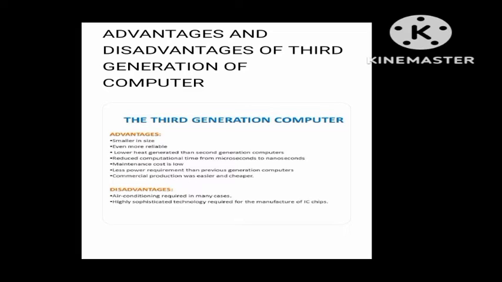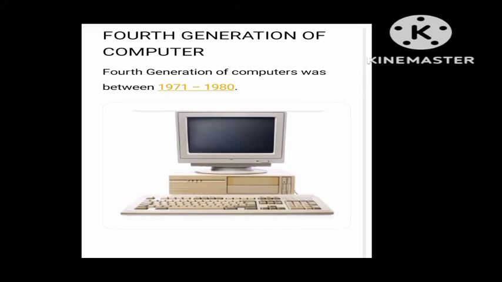Disadvantages: air conditioning required in many cases, highly sophisticated technology required for the manufacture of IC chips. These are the advantages and disadvantages of the third generation of computers. Move on to the next generation.